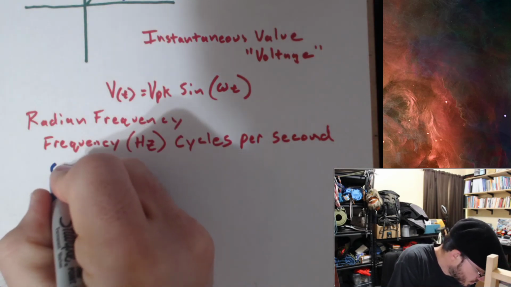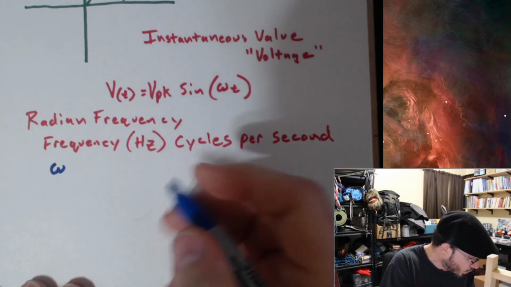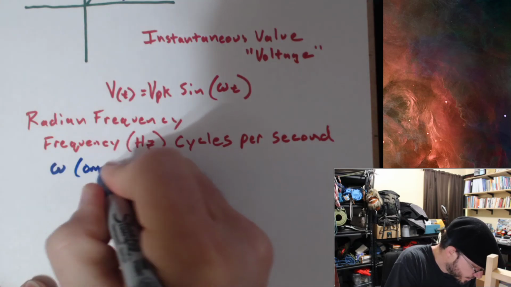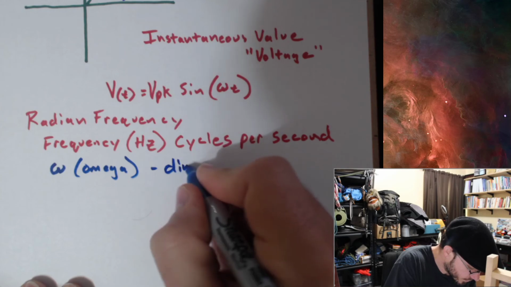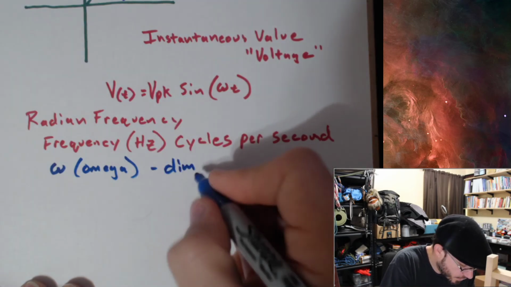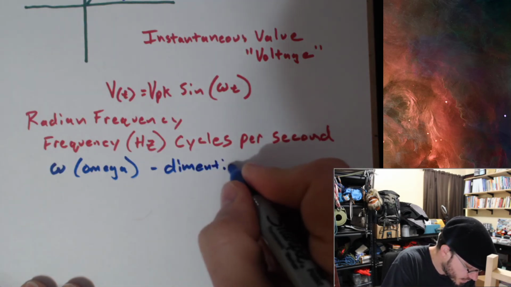But we'll use omega as the radian frequency, which is dimensionless.